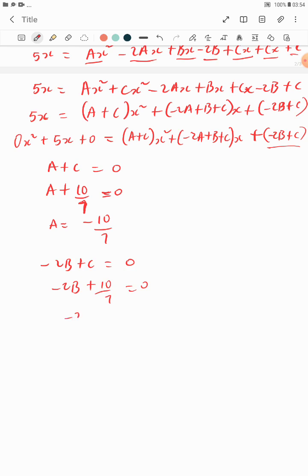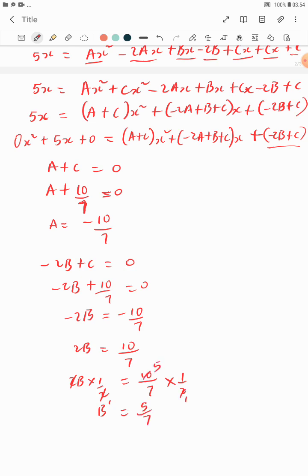Minus 2b equals minus 10 over 7. And then divide both sides by minus. So that would have given us 2b equals 10 over 7. Multiply both sides by half, so that you can remove that 2. 2 cancels 2 here, so that will be b equals 5 over 7.